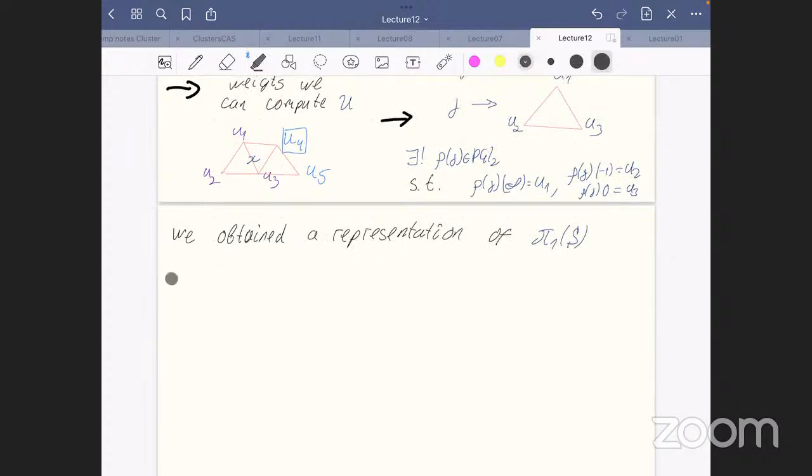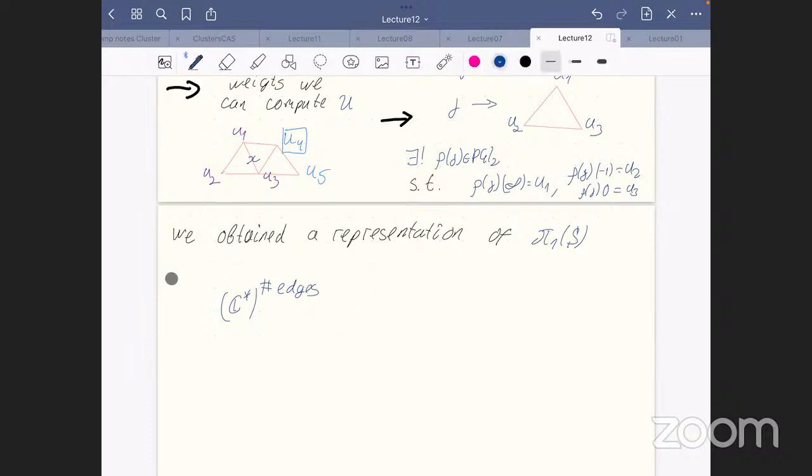Let me summarize what we stated now, and then we'll discuss it again. So we have C star to the power of the number of edges, and we have a map, actually in both directions, from C star to the number of edges.